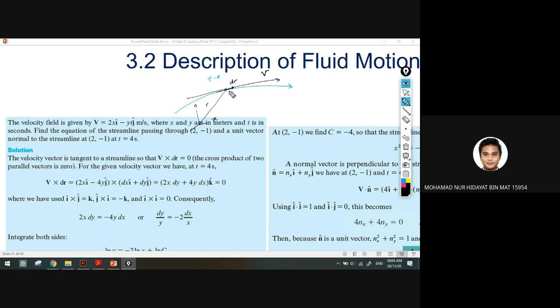When you try to zoom in, I think you cannot see here.